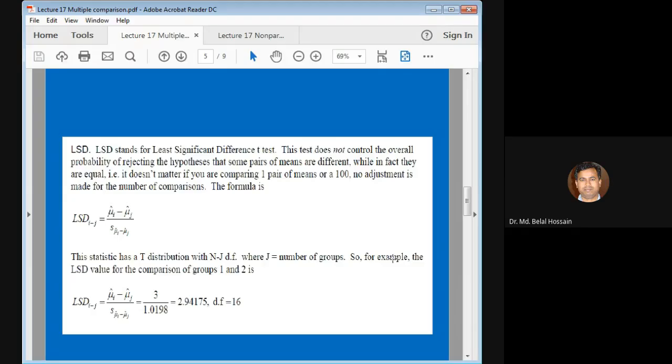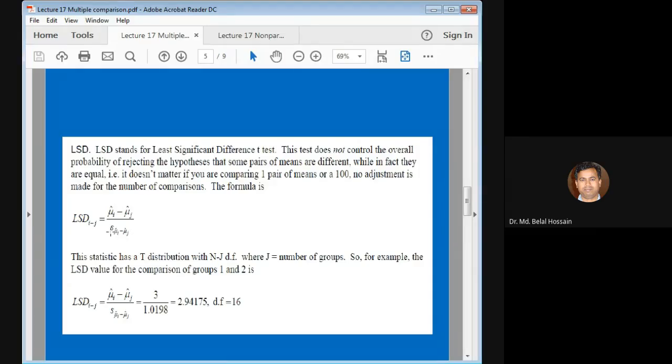It is actually very equivalent to a T distribution. LSD for I and J pair would be mu I hat minus mu J hat, subtraction, divided by S of mu I hat minus mu J hat.